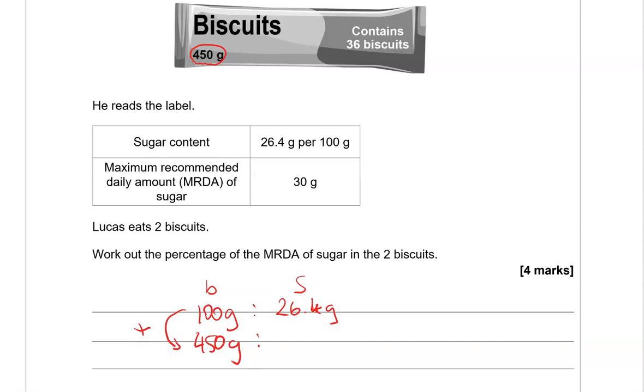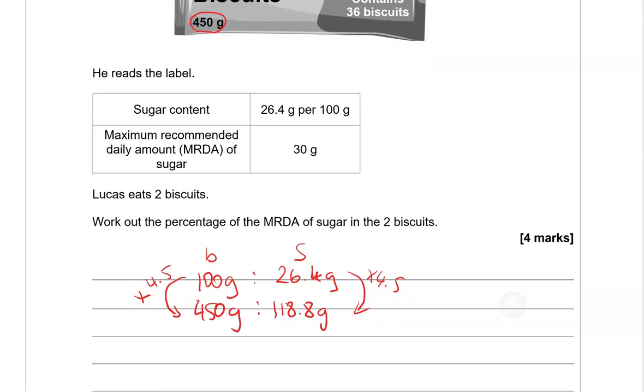And if you don't know this by heart, you can, in a calculator, do 450 divided by 100, and it gives you 4.5. So we've multiplied 100 by 4.5 to get 450. So we'll do the same on the other side. So 26.4 times 4.5, and it gives us 118.8 grams. That's how much sugar there is in the whole pack of biscuits.